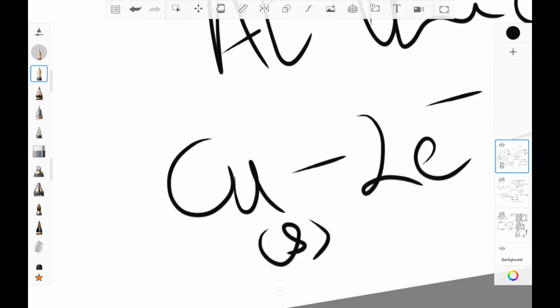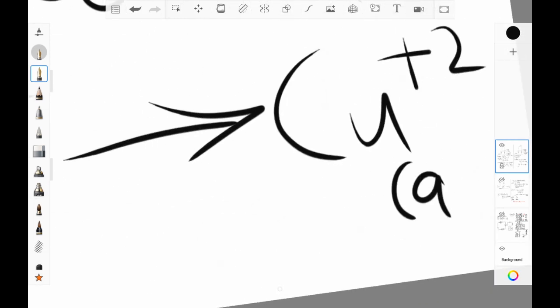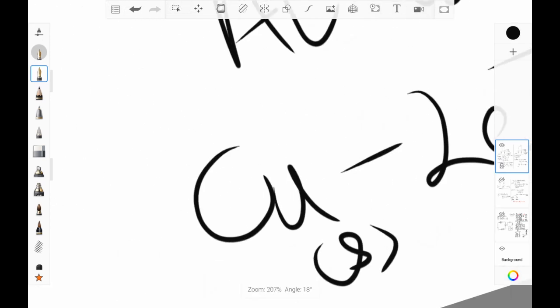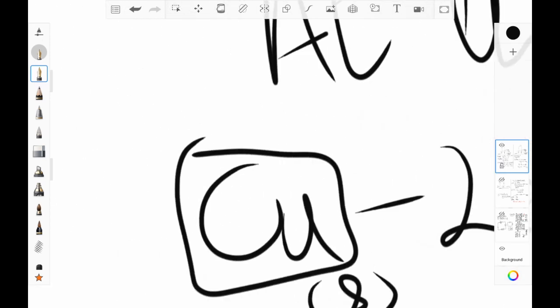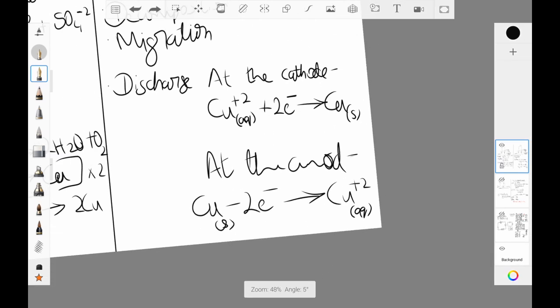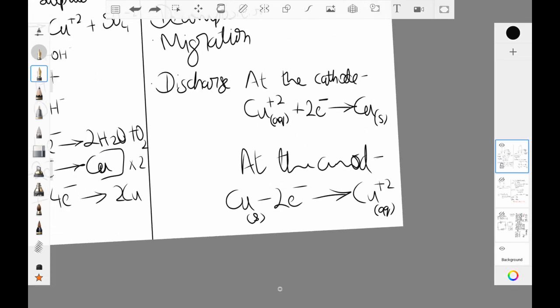So this is a solid and this is aqueous. And of course this copper comes from the copper anode or the electrode. The anode dissolves, and thus the copper ions that are formed move to the cathode to form the copper, alongside the ones that were already decomposed. And so copper moves from anode to the cathode.